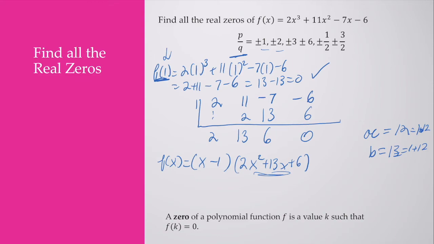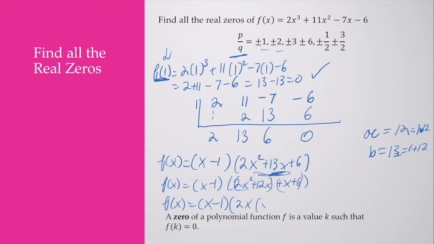So I'm going to use factoring by grouping and pull apart this middle term. So I have f of x is x minus 1 times 2x squared plus 12x plus x plus 6. Well, we factor the greatest common factor of 2x squared and 12x, which is 2x.